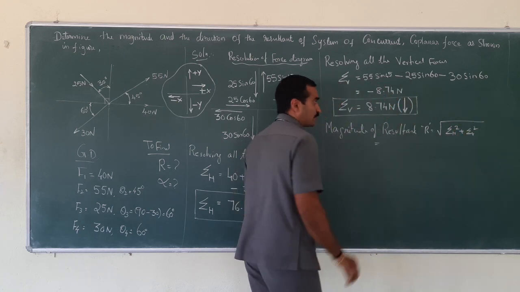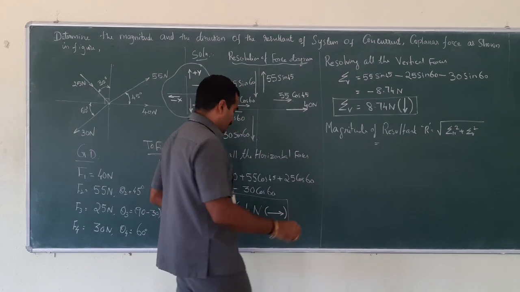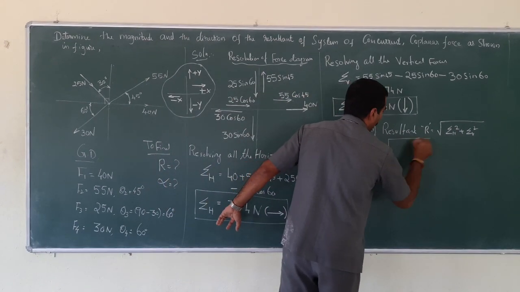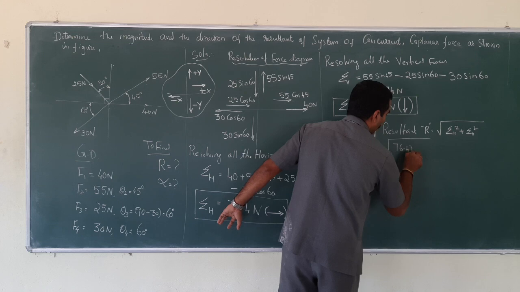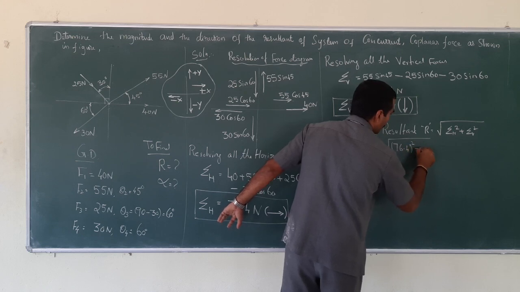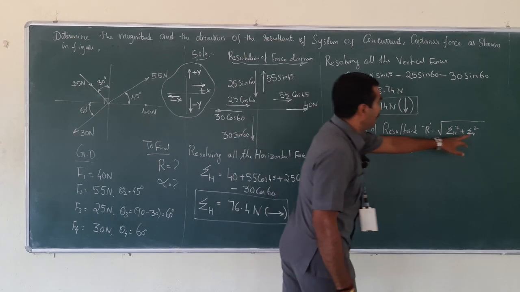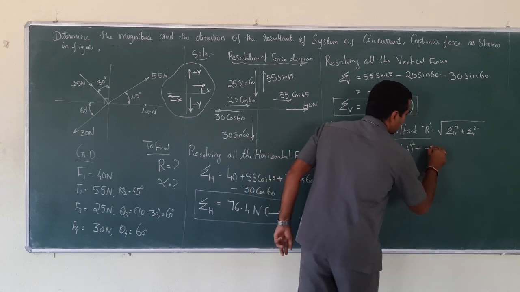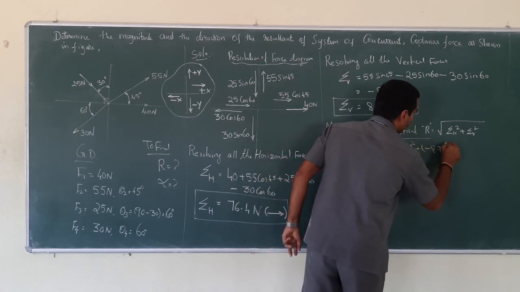You just substitute these values, summation H of magnitude 76.4 square plus summation V value minus 8.74, the whole square.